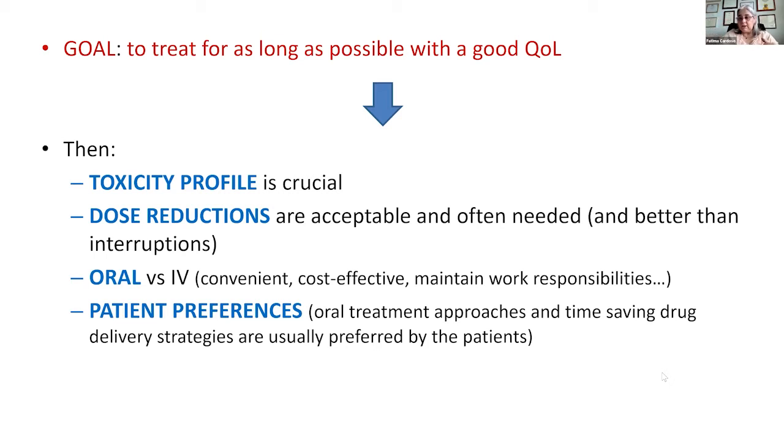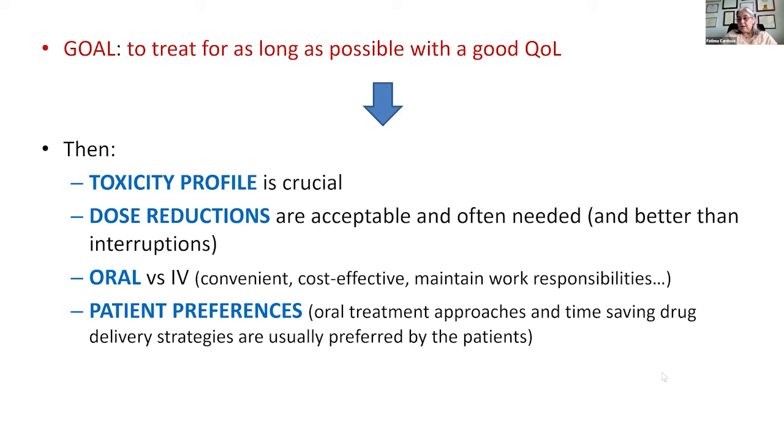And we can certainly reduce the dose and make the treatment more tolerable, so that it is better to be able to receive the treatment for longer than to have to stop because we're forcing a very high dose that it's too toxic.